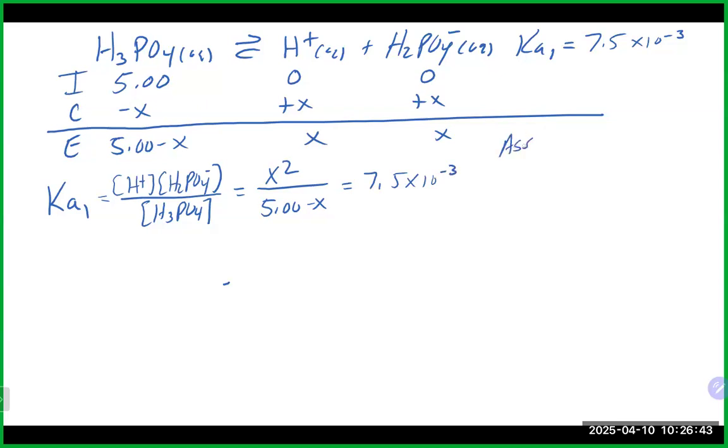We're going to assume that x is approximately 0 here, and that's going to give us x squared divided by 5 is equal to 7.5 times 10 to the minus 3. Once again, we're going to multiply and then square root it. And that's going to get us here 7.5 times 10 to the minus 3 times 5, a little square rootage.